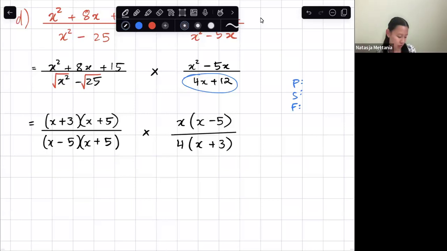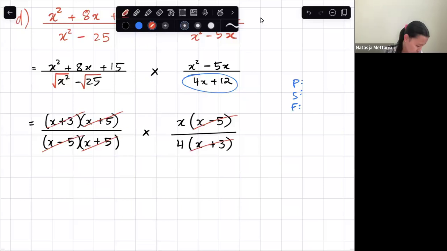Once we finish factorizing this, I'm going to cancel out anything that is in pairs. For example, this x plus 5 and this x plus 5 is one pair of exactly the same thing. x plus 3 and x plus 3. And last but not least, x minus 5 and x minus 5.